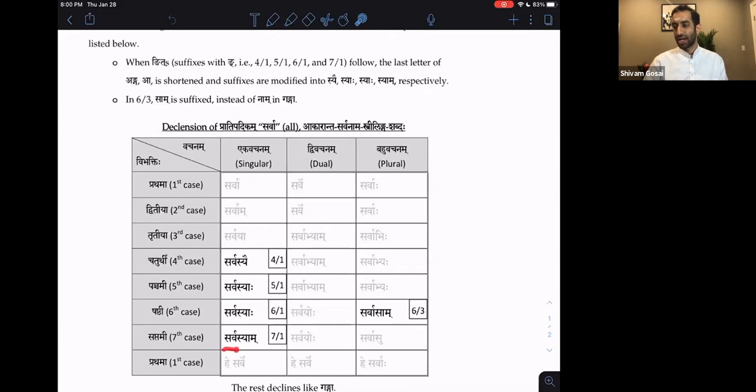Instead of Gangayam, we get Sarvasyam. So you get that little additional sakara in there. And here, instead of Nam, we get Sam: Sarvasam.